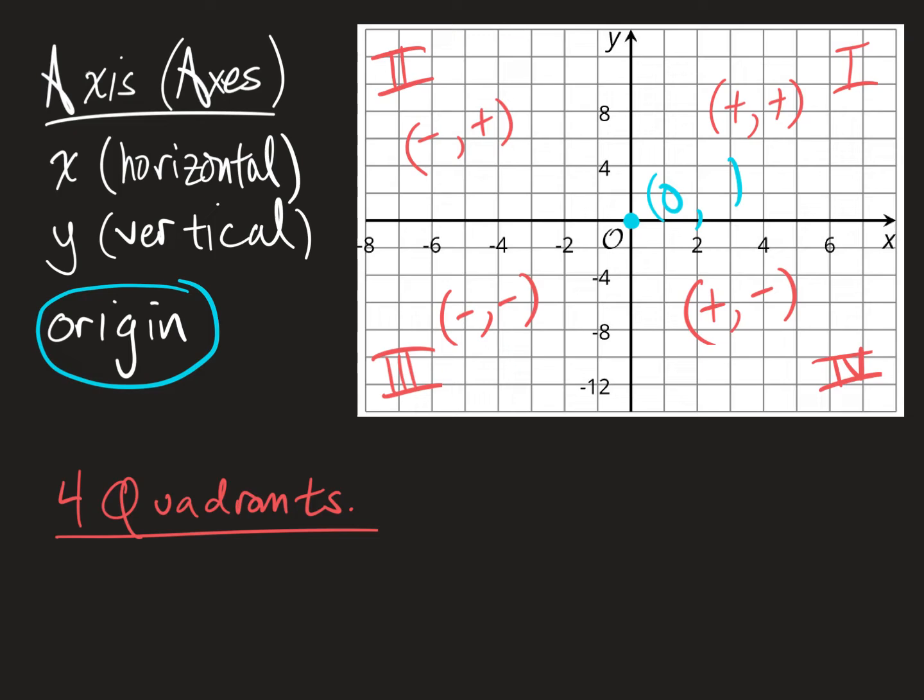Again, we have to have a number that is neither positive nor negative, which we've already gone over with the first coordinate, is 0. So the origin has coordinates 0, 0, and that is really important because when we start graphing ordered pairs or trying to identify the coordinates of a point, we will be starting from the origin every single time at 0, 0.